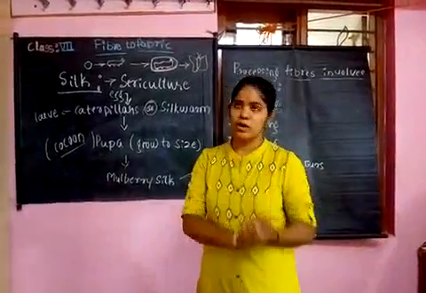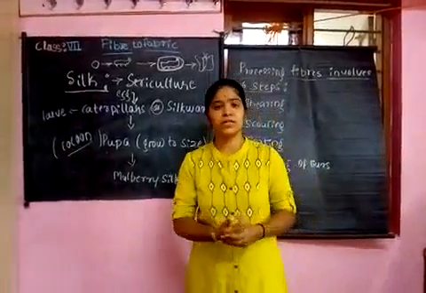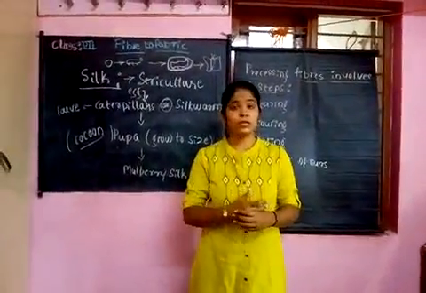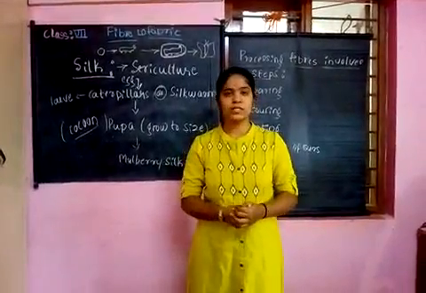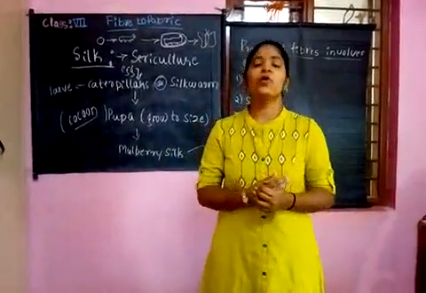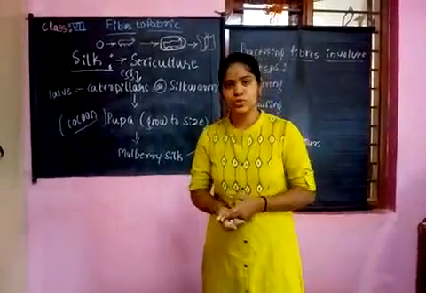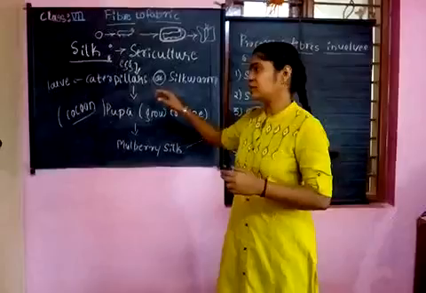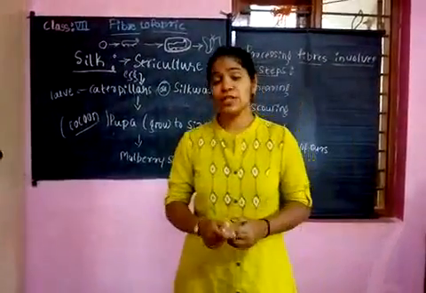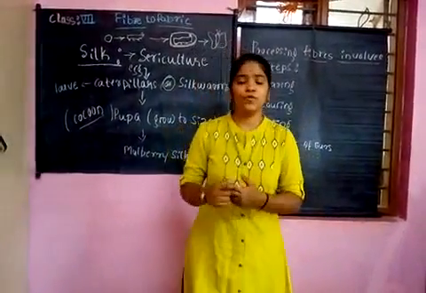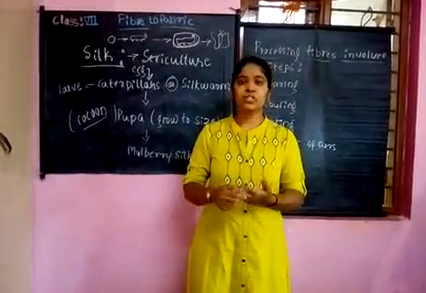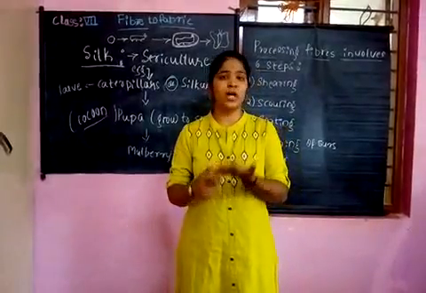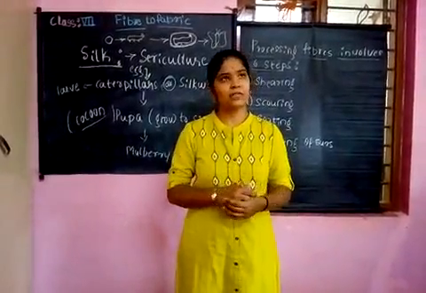So in our country, what are the main states that yield silk? As we proudly say, Karnataka is the top producer of silk in our country. Agriculture is the main occupation in the states of Karnataka, Andhra Pradesh, Assam, West Bengal, Jharkhand, and Tamil Nadu.